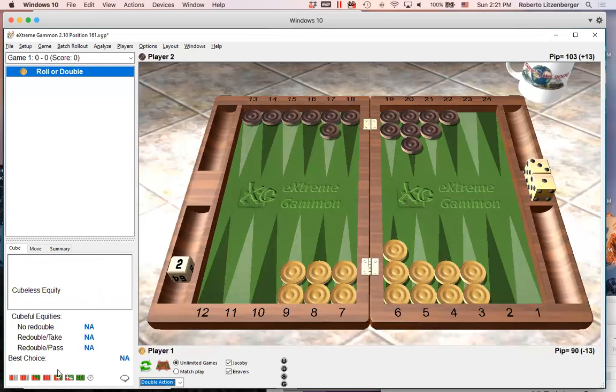We had 20.78 before. Now we have 19.4. So here was only like 1.4 pips per pip. So as the race gets shorter, the further away you get, you get closer to that 2%.